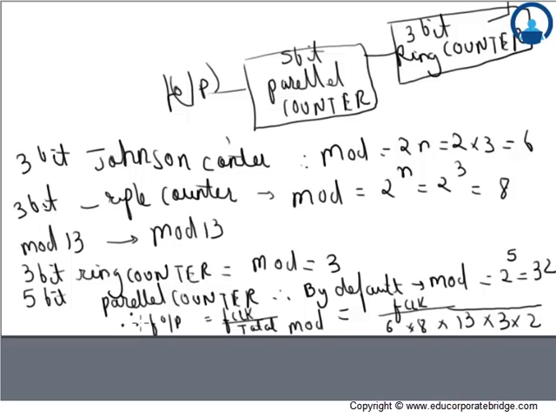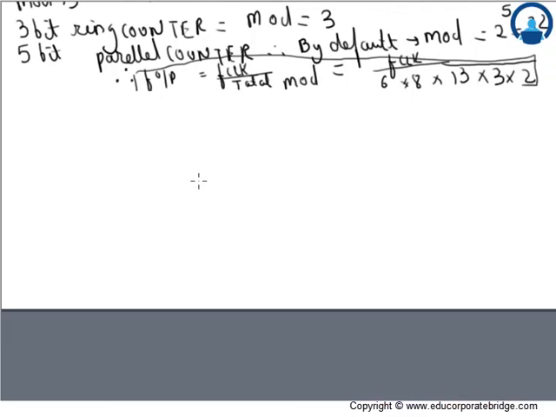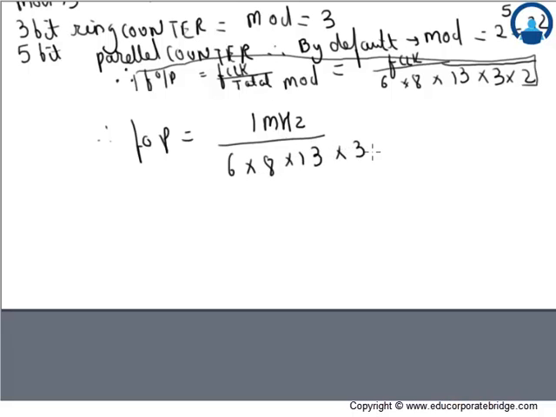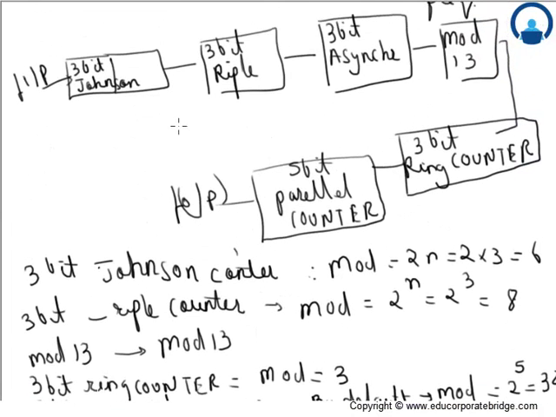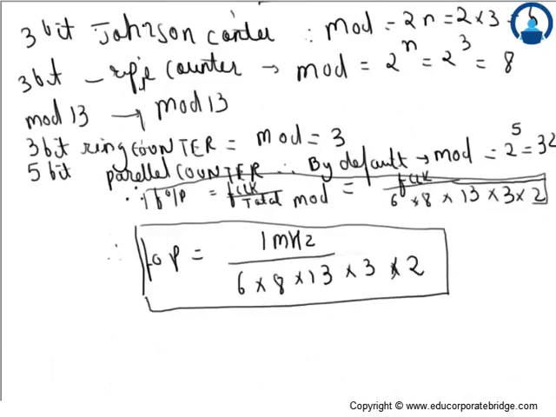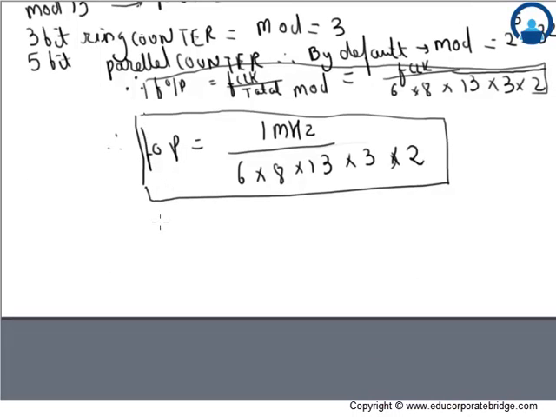The output frequency is F clock, which is 1 megahertz as given in the question, upon 6 into 8 into 13 into 3 into 32. That is, to find the output frequency, we had to find the total modulus and divide the input frequency by it.